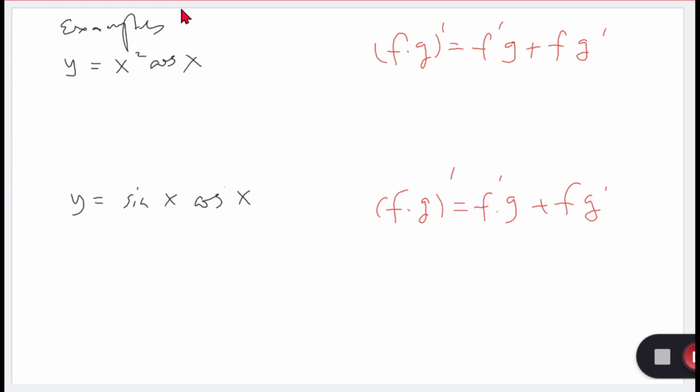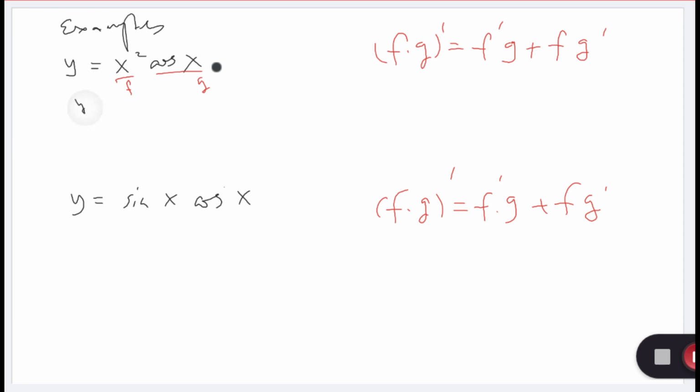Like applying any rule, we should always try to first set up the answer according to exactly the formula here. Okay, so in this product, this will be like a F, this will be like a G, all right? So let's apply formula.